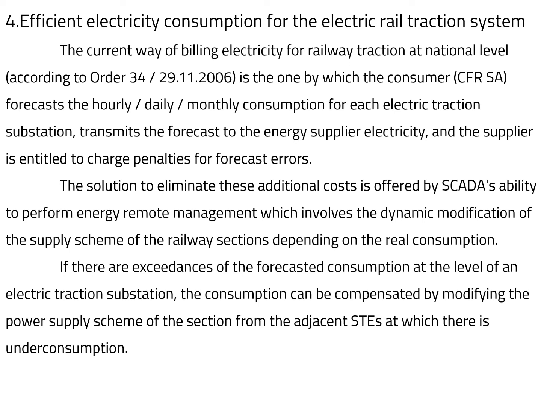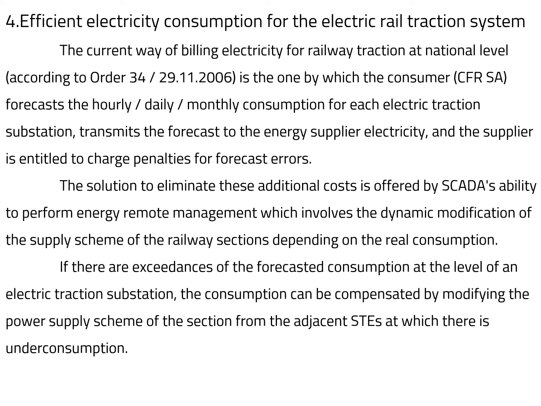The solution is to eliminate these additional costs, and it is offered by SCADA's ability to perform energy remote management, which involves the dynamic modification of the supply scheme of the railway sections depending on the real consumption.